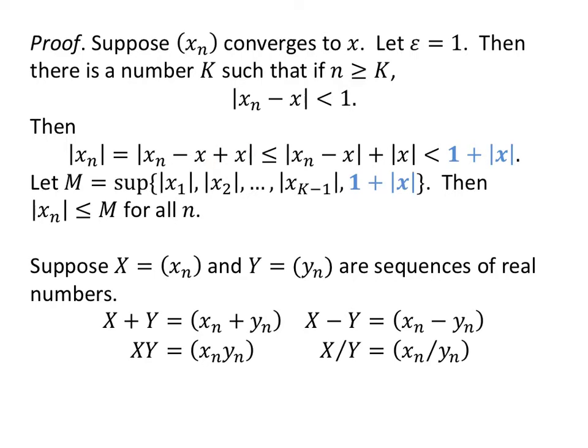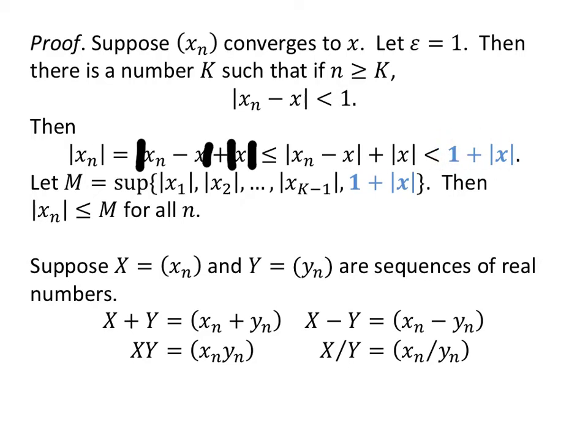Now we have our triangle inequality, which says that if I put absolute values like so, then it's less than or equal to the sum of those absolute values. Now we just said that the absolute value of x sub n minus x is less than 1, so this is less than 1, and so this plus the absolute value of x is going to be less than 1 plus the absolute value of x.